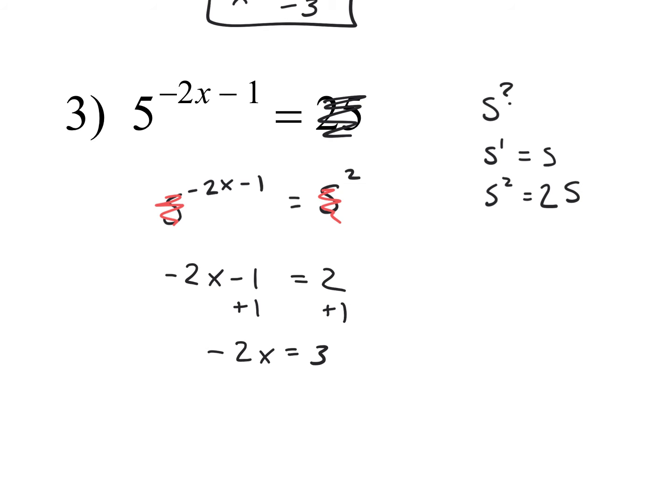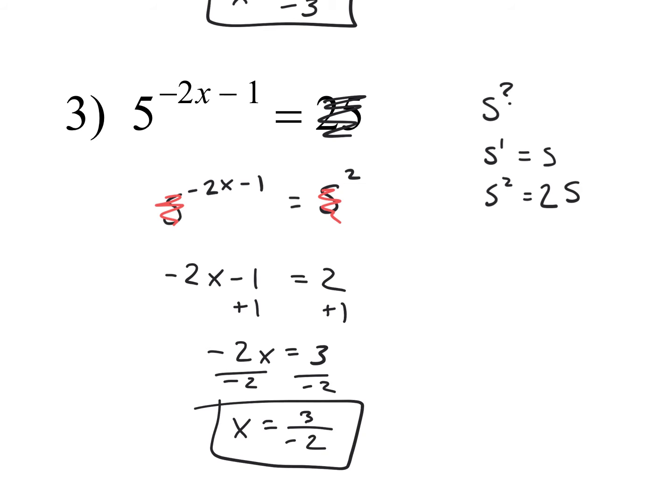And then divide by negative 2. So x is equal to 3 over negative 2. So you could write it as 3 over negative 2 or negative 3 over 2. It doesn't matter where you put the negative, they're all the same thing.